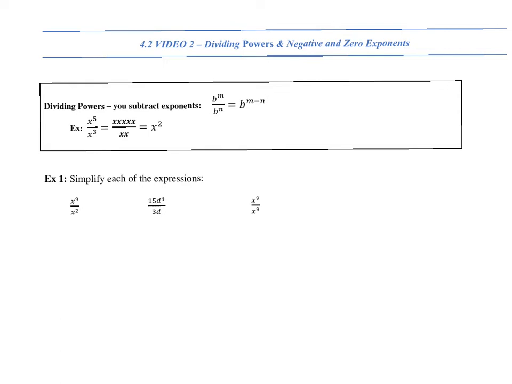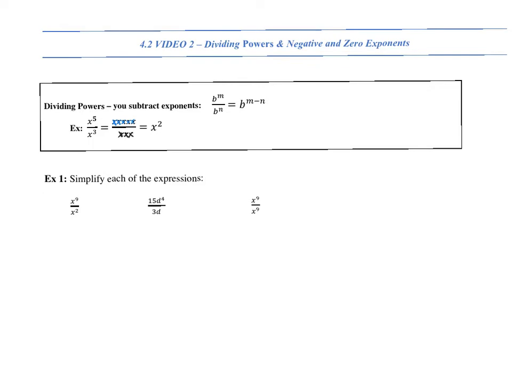This video is about dividing powers, negative and zero exponents. So let's look at what happens when we divide exponents. If we had x to the fifth, that would be 5 x's multiplied together, 1, 2, 3, 4, 5. And then x cubed would be x times x times x.